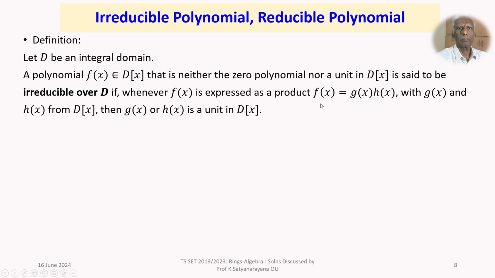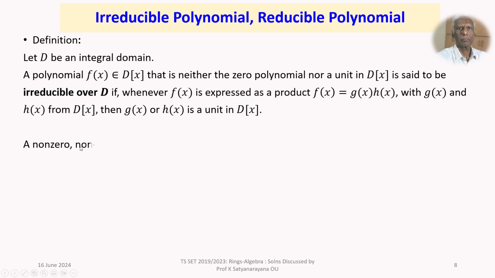That means whenever f(x) is expressed as a product g(x)h(x), where g(x) and h(x) are elements of D[x], then either g(x) is a unit or h(x) is a unit. Then it is said to be irreducible.